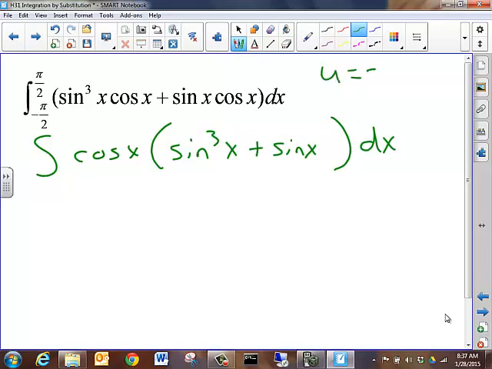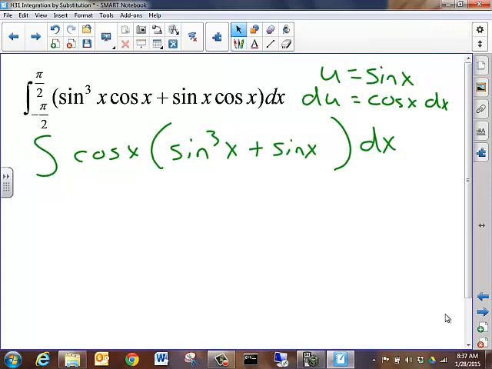Claire Looney says she's going to let u be sine x. And if you let u be sine x, then what's du, class? Cosine x dx. So if you do that, then having just the cosine pulled out makes more sense, because now here's my du. There's my du right there. And then I think it turns into something that's somewhat simple to evaluate.